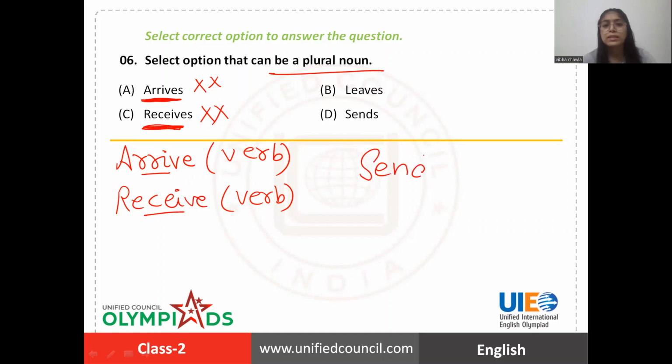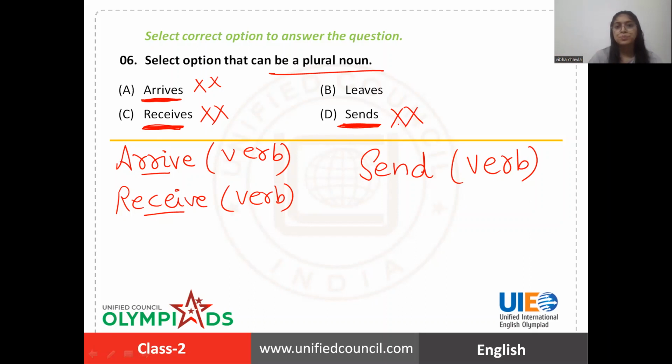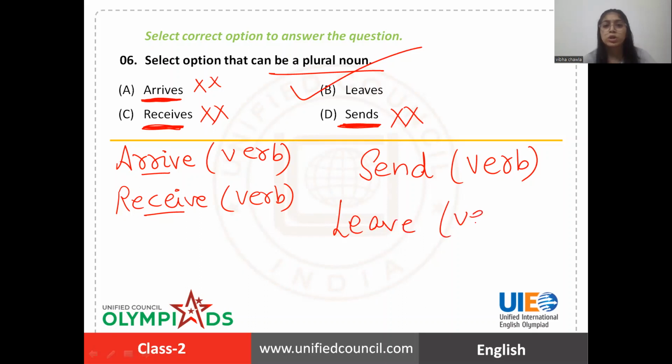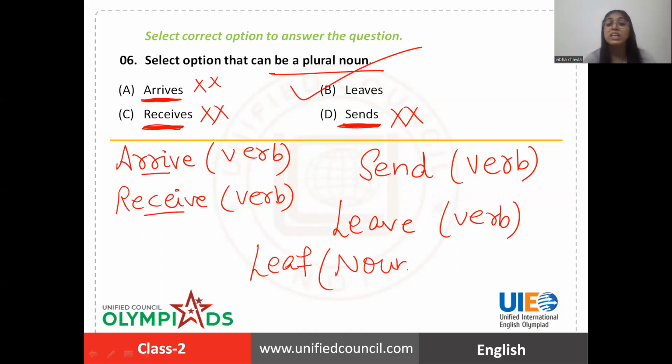Let's have a look at send. Send is also a verb. Sends is a singular verb and send is a plural verb. But look at this one. You must have seen this word as a verb, no doubt. Leave can act as a verb, but you must have heard about this noun, leave.